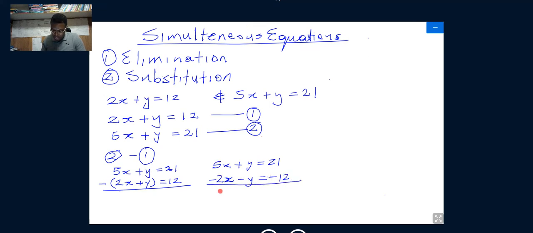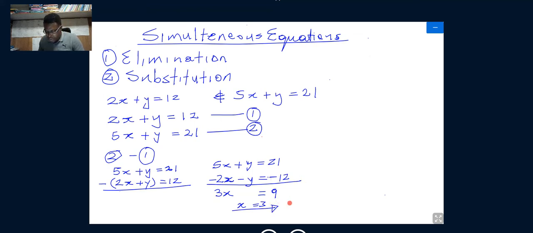So here we have 3x, and here we have 0 equals 9. So x is equal to 3.